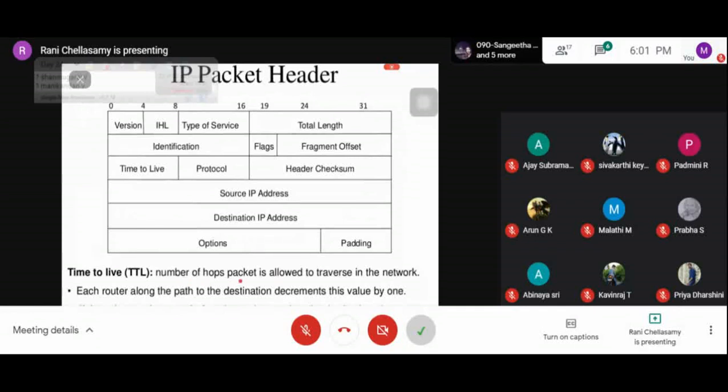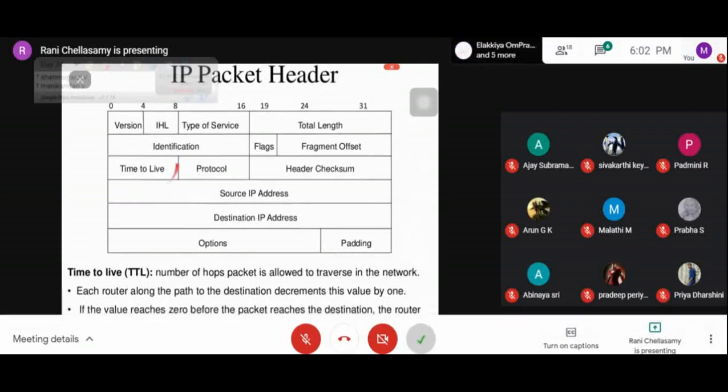When a packet traverses from one router to another router, or between any two connecting devices, that is called one hop. So time to live represents how many hops the packet is going to travel inside the network, and that hop count is specified in this field.